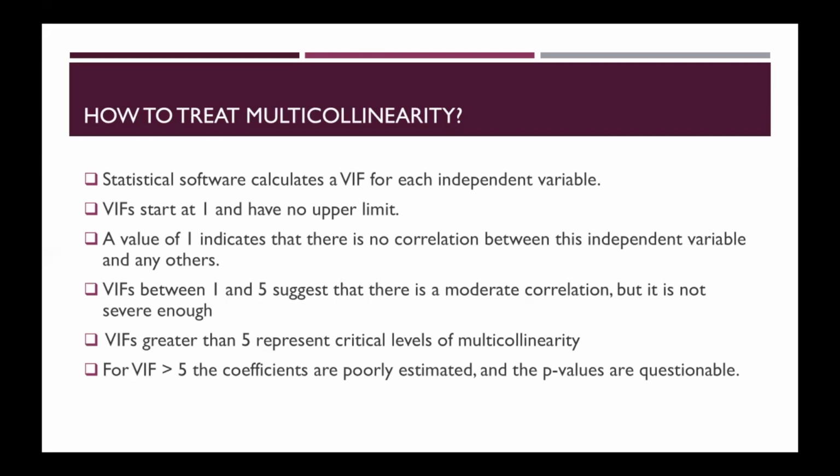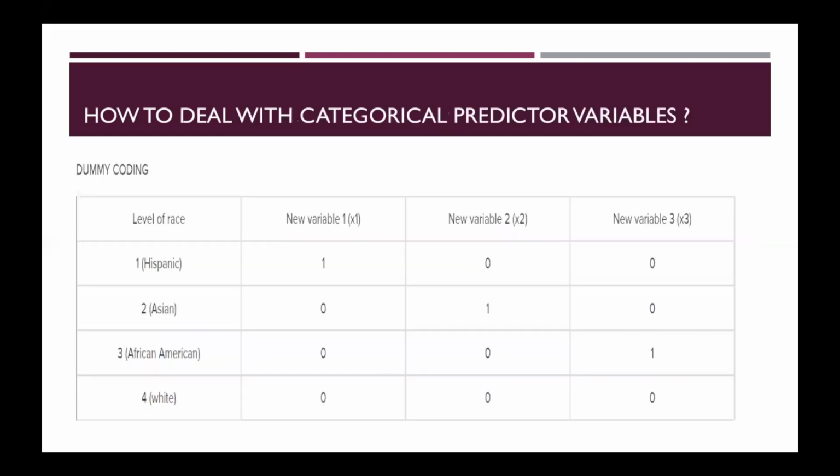In this way, recursively, we will go on creating the model, calculating the VIFs, dropping the features until we receive some acceptable values of VIFs, p-values, and some other parameters.